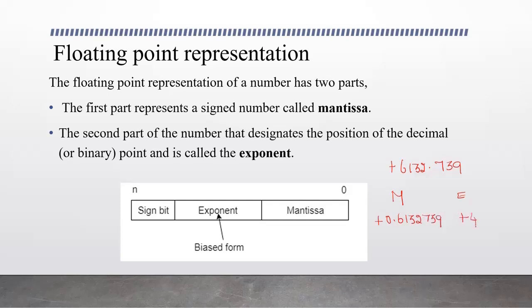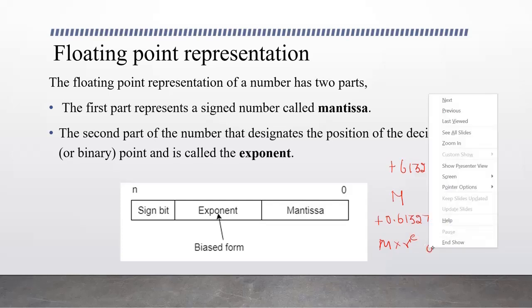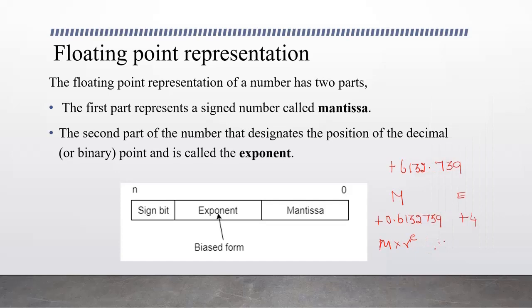The exponent is 4, because I moved the decimal point 4 digits, and in scientific notation, mantissa times r to the power e. In this form, we can write it as 0.6132739 times 10 power plus 4.